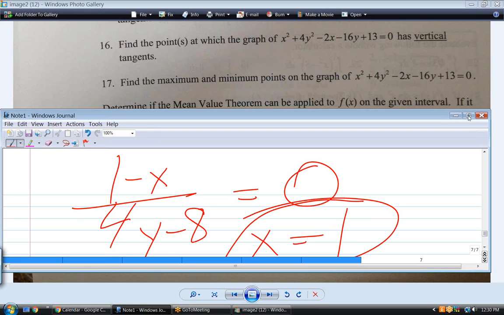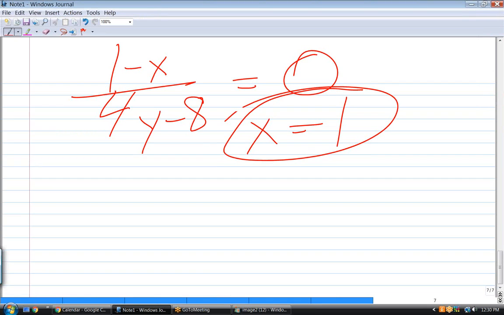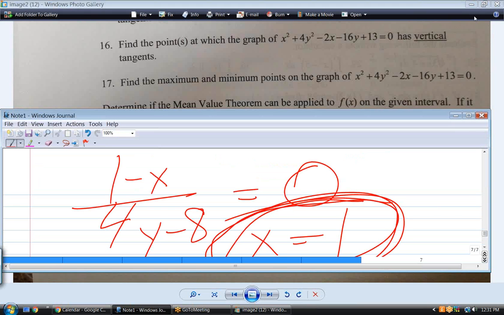Well, we have found something that's definitely a maximum or a minimum. We can figure out what it is if we wanted to apply the first derivative test. In other words, test to the left and right. It's going to be a maximum if the slopes go from positive to negative. It's going to be a minimum if the slopes go from negative to positive.